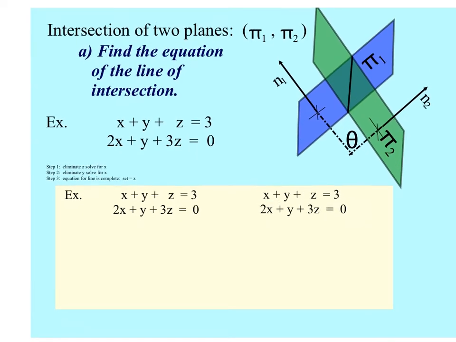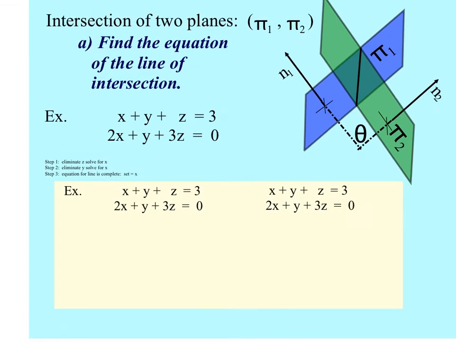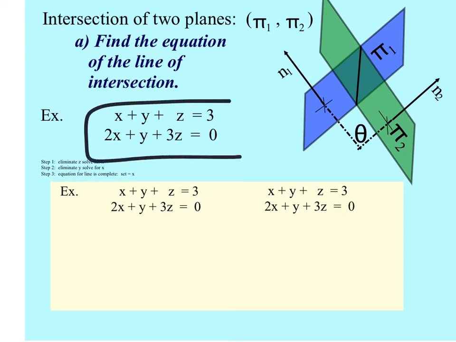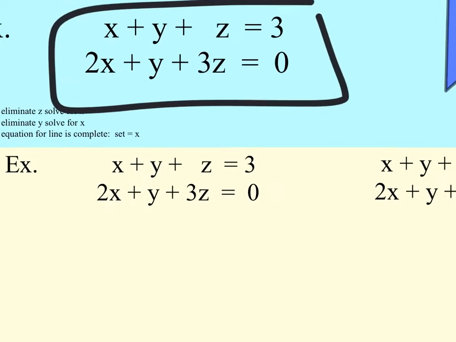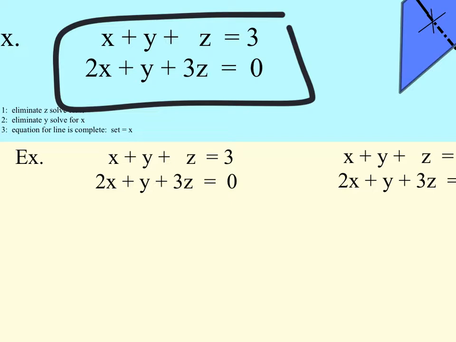So, finding the equation of a line of intersection of two planes is pretty interesting. If you have the equation of both of the planes, what you want to do is eliminate one variable. So, for example, over here, maybe I'd eliminate y.